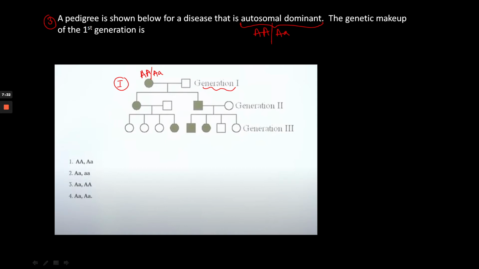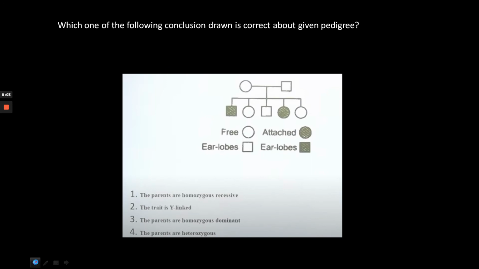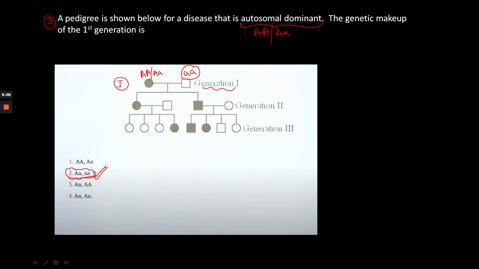But since this individual is unaffected, it has to have homozygous recessive condition, right? Because it is unaffected. And this condition is given only in the second option, that is your homozygous recessive. All other options have other than this, right? So indeed your second option is the correct option.